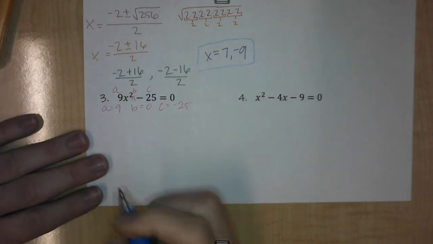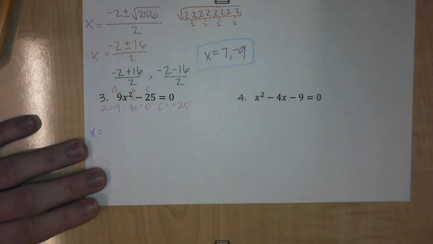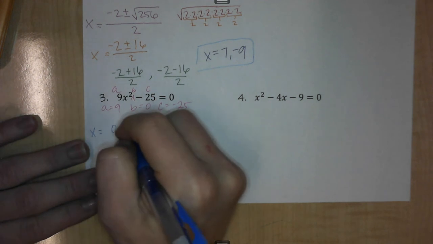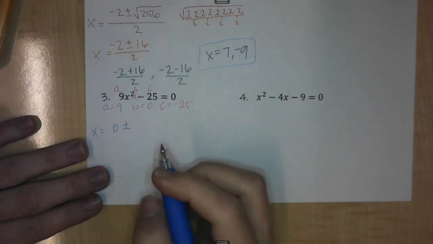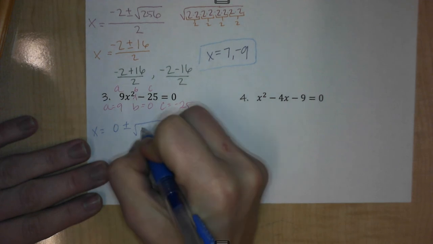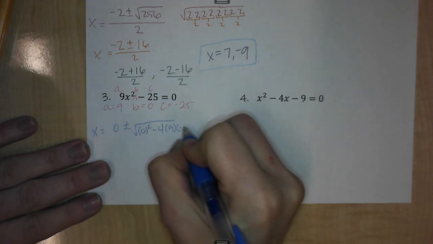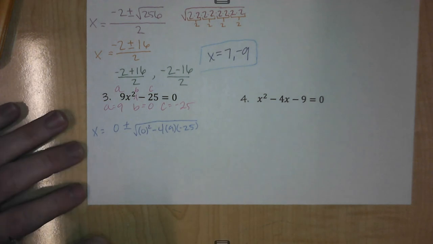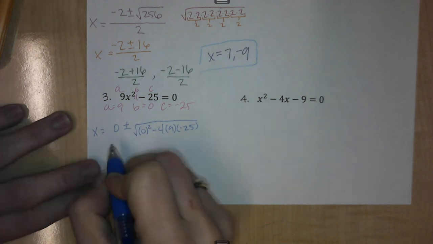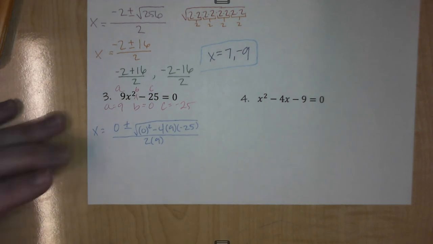All right, second step, let's plug this into our formula. Opposite of b, b is 0, so 0 is neither plus nor minus. So 0 plus or minus the square root of 0 squared minus 4 times 9 times negative 25, all over 2 times 9.